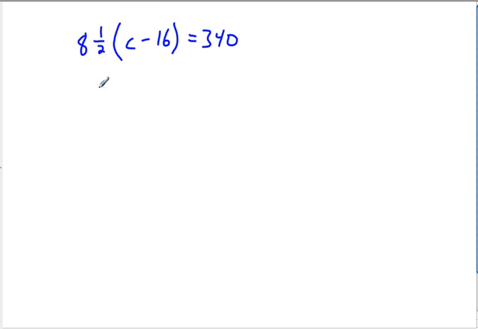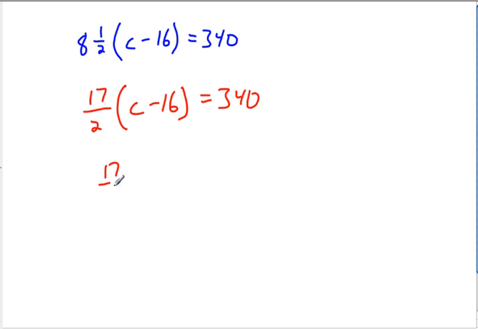Here we have 17 over 2, and I think you'll find that this won't be too bad as we do the calculation here. So 17 over 2 times c is 17 over 2c, just like any whole number. The fraction does the same thing.